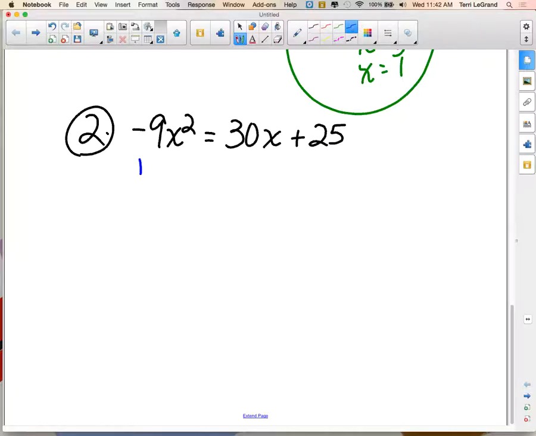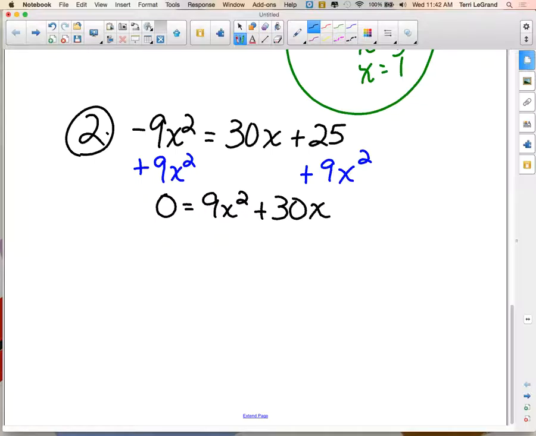Get that 9x squared moved over to the other side, because then it will be a positive A value, and it just seems friendlier. What would come first here if we want to write it in standard form? The 9x squared, yep, and then followed by the 30x plus 25. Might as well just write it that way right away, because addition allows us to put them in any order, right?